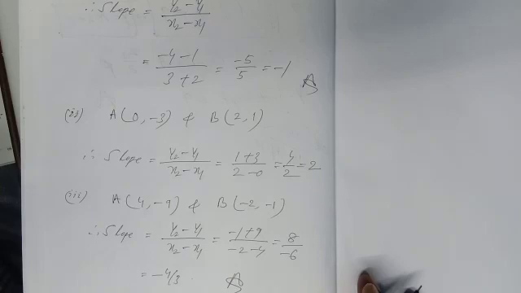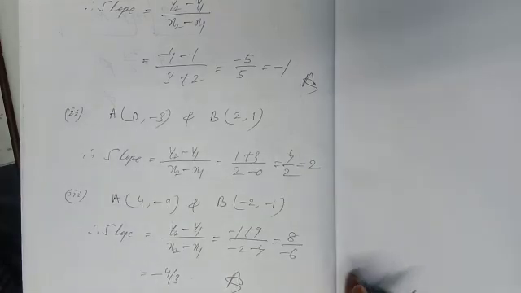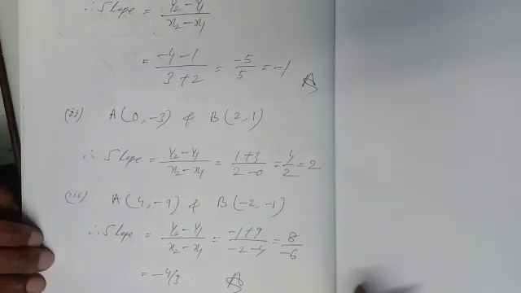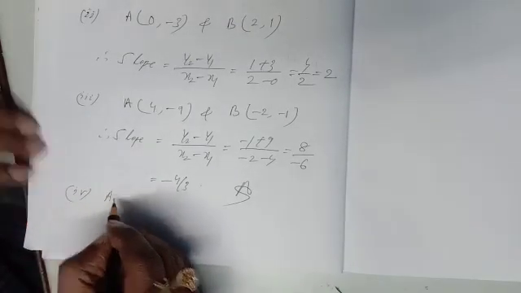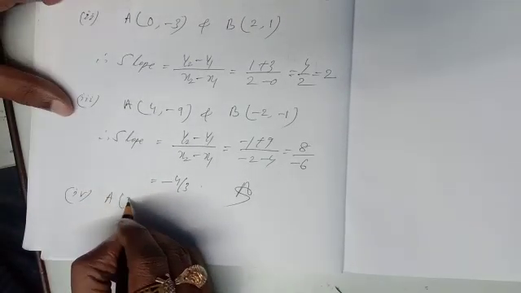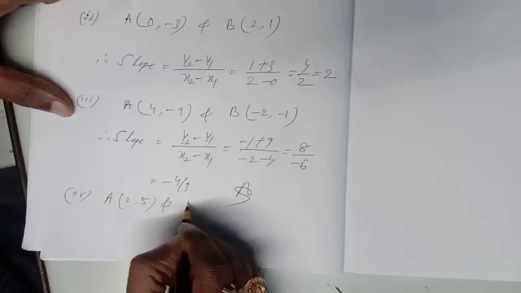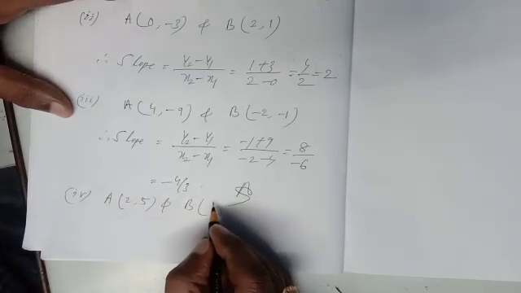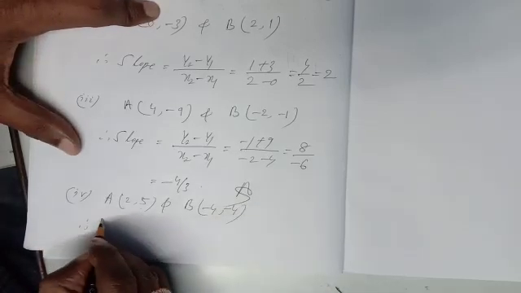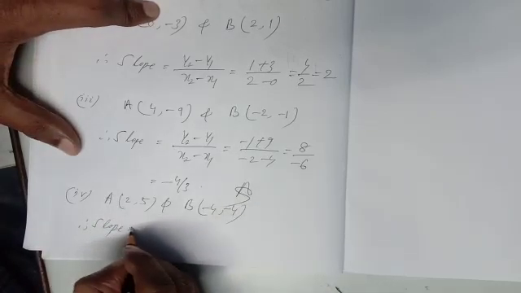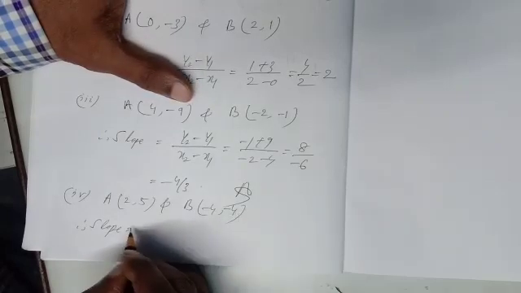This is the answer of number 3, third part. You have to find the slope of the line. And now the 4th part: the points are A (2, 5) and B (-4, -4), and you have to find the slope. Same process, the formula is y2 minus y1.